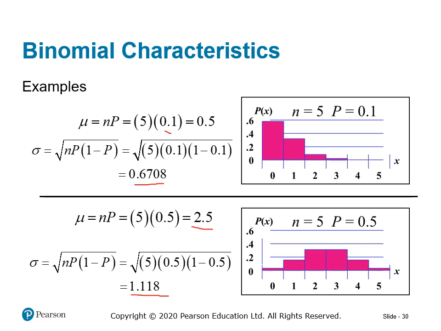It's 0.5 versus 2.5, and 0.76 versus 1.118. So the higher the probability with the same number of trials, the higher the mean, everything else being equal, and the higher my standard deviation.